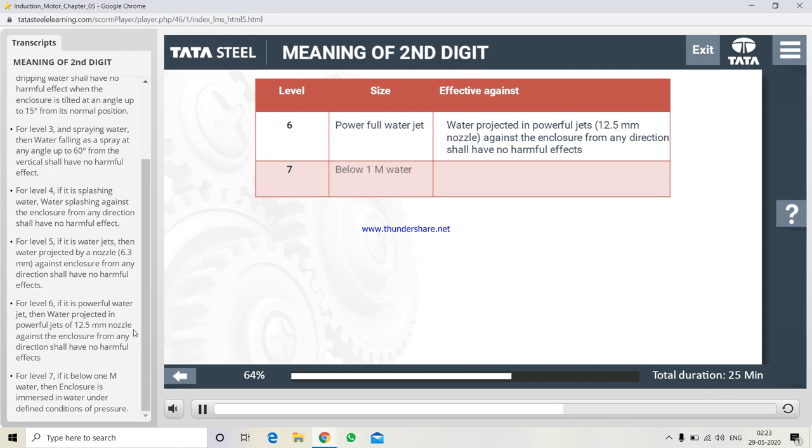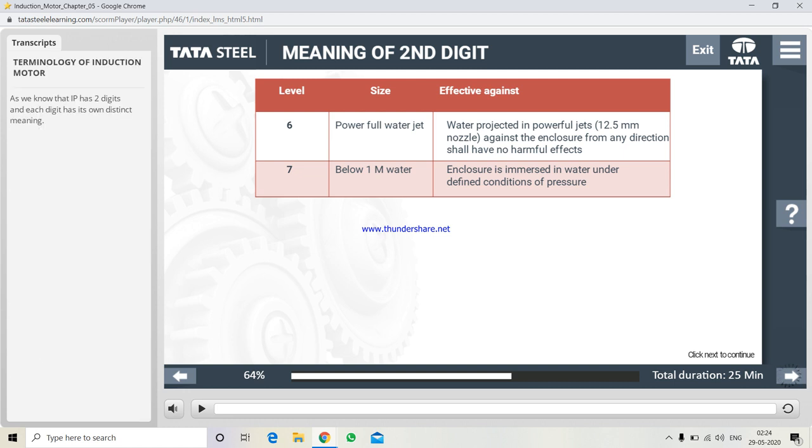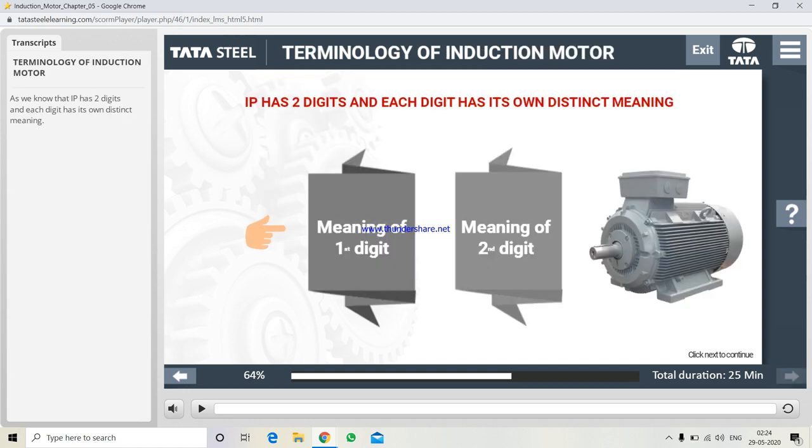For level 7, if it is below 1 m water, then enclosure is immersed in water under defined conditions of pressure. Click Next to continue.